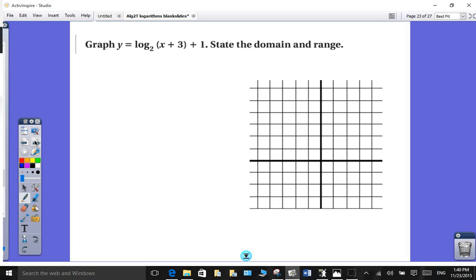So understanding that the parent function of a logarithm has an asymptote on the y-axis, which one of those is going to shift the asymptote? Does going up and down shift a vertical line? No. How about going left 3? Yeah, if I take this whole graph and move it left 3, that's going to move the asymptote from the y-axis to x equals negative 3. So first thing, get the asymptote in the right spot.